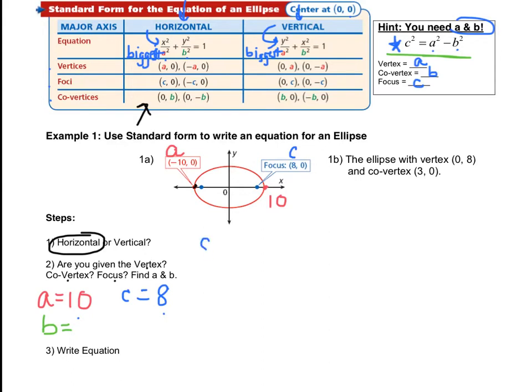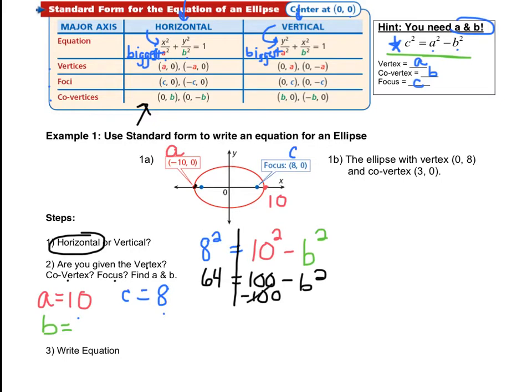C squared, so 8 squared, equals A squared, 10 squared, minus what we're looking for, B squared. So we're going to solve this. So we need to get the B all by itself. We're going to square the numbers first, then get rid of the 100 by subtracting it. That will leave us with -36 equals -B squared.